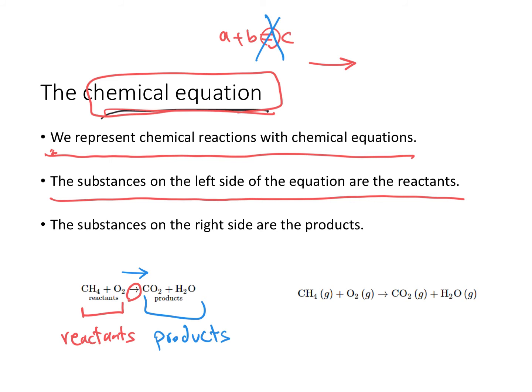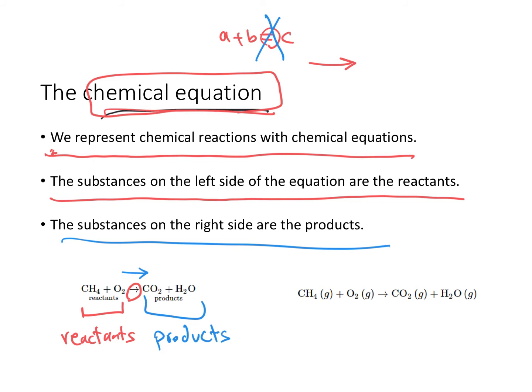Any questions so far? We're good? Okay. And then the substances on the right side are products. So I'm going to ask you which ones are products, on right or left, which ones are reactants, okay? And also, it is useful for us to know what is the state of reactants and products.